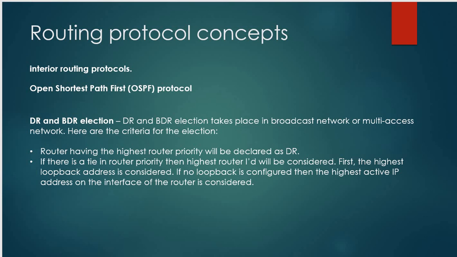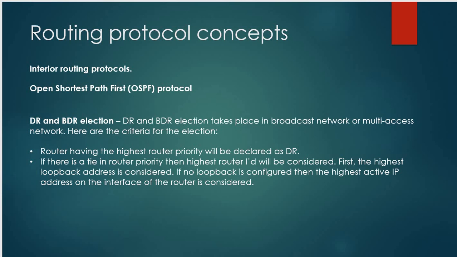If there is a tie in router priority, meaning the routers have the same value, then the higher router ID will be considered. The router ID has numerical values. If there is a tie in priority, it is checked against the router ID.